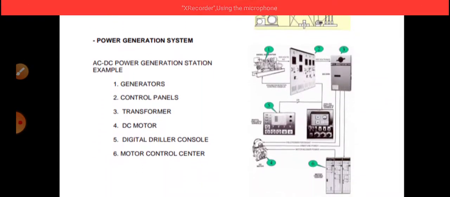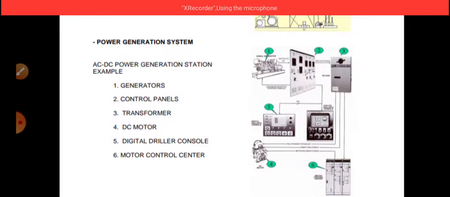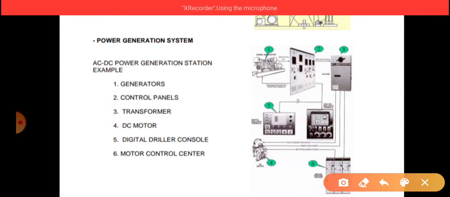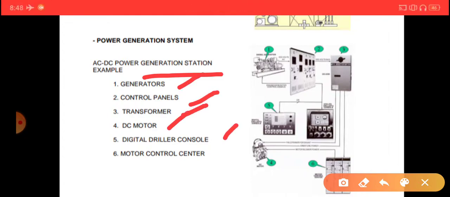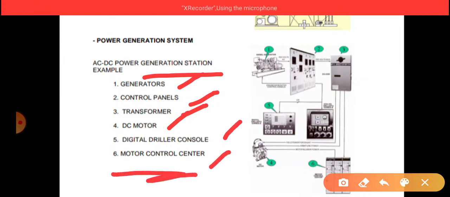And what is the power generation system? In order to run our rig, we have to supply power. If we are using electrical supply, then we have to give electrical energy. So what are the AC DC power generation systems? Examples are generators, control panels, transformer, DC motor, digital driller console, motor control center.